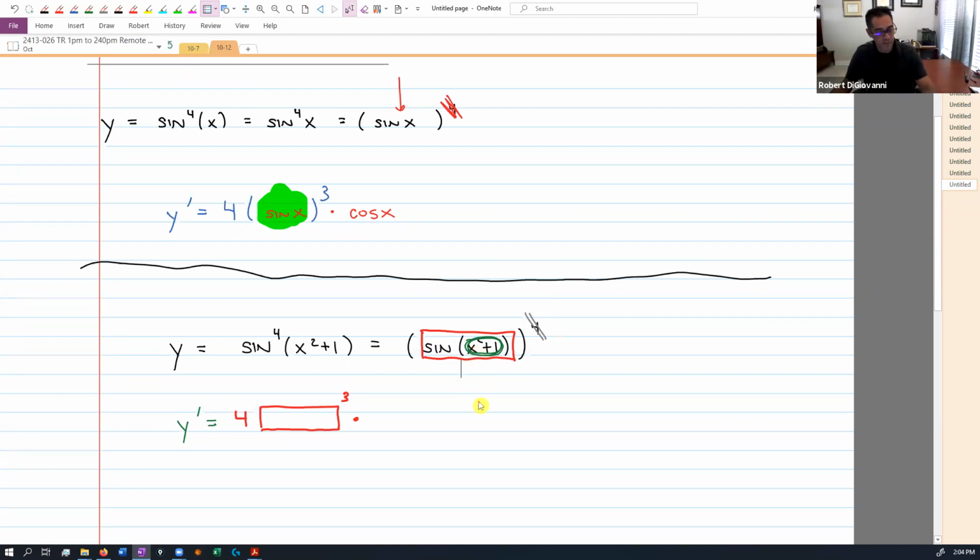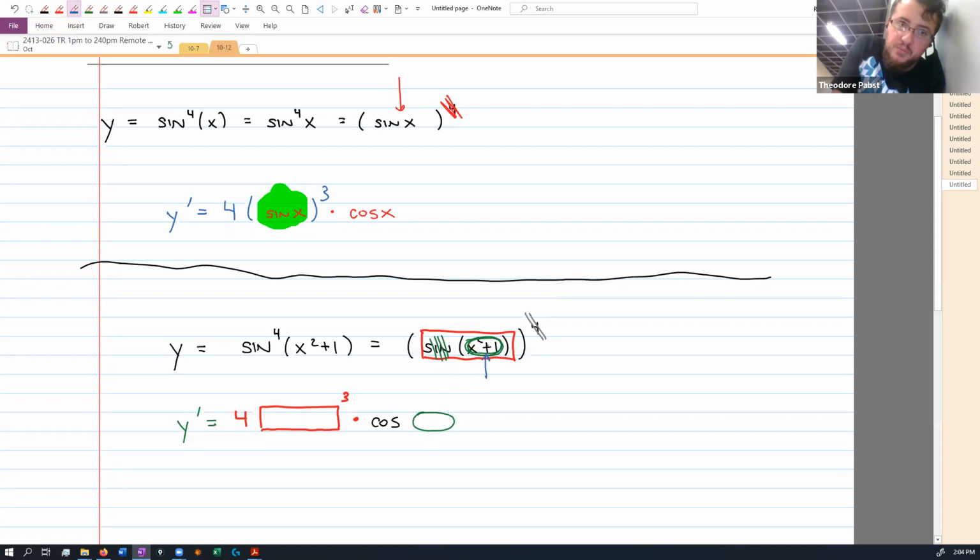It would be cosine of the green oval. Now I've done the sine, so I'll be making my way into the inside now, and I need the derivative of that. That's just 2x.